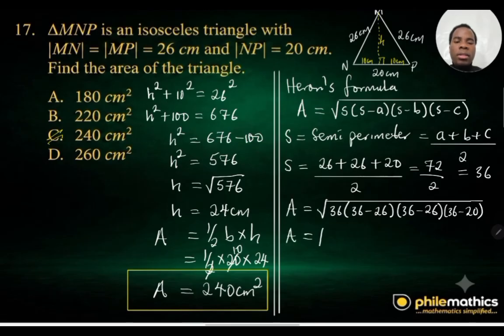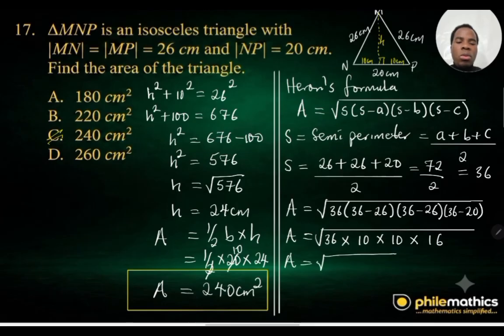Area is square root 36 times 36 minus 26 is 10, 36 minus 26 is 10, 36 minus 20 is 16. Area is square root 36 times 10 times 10 is 3600 times 16.